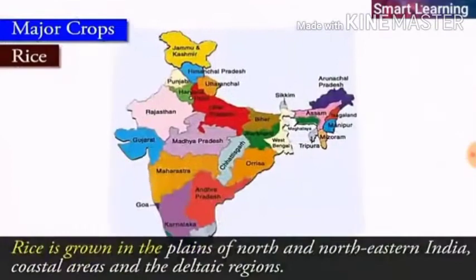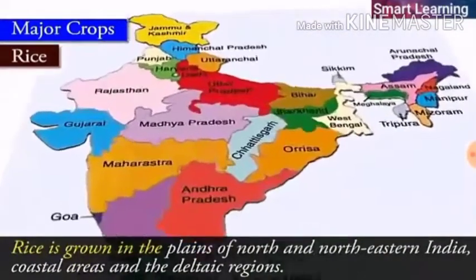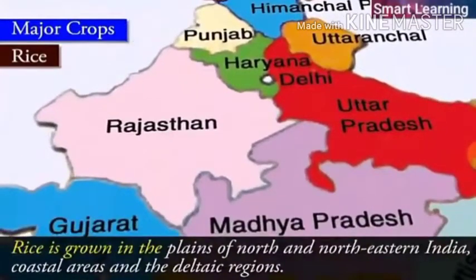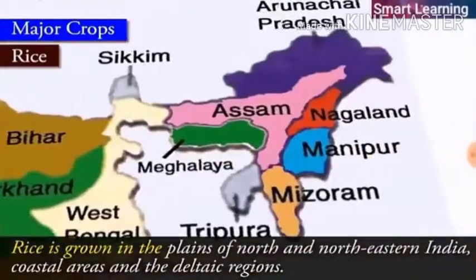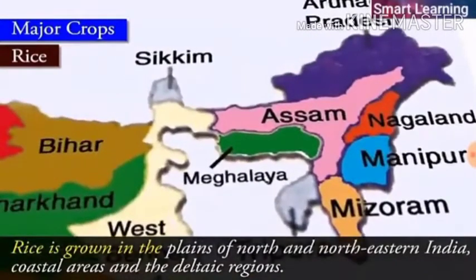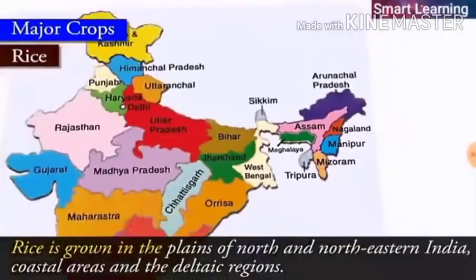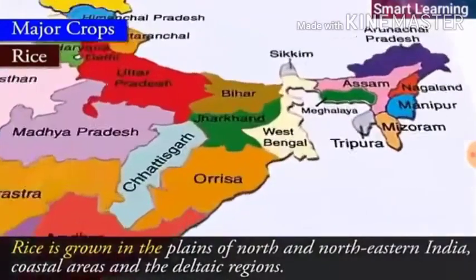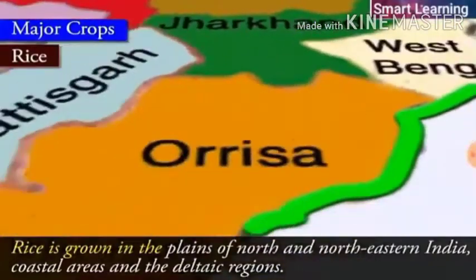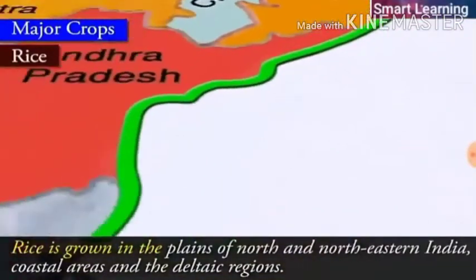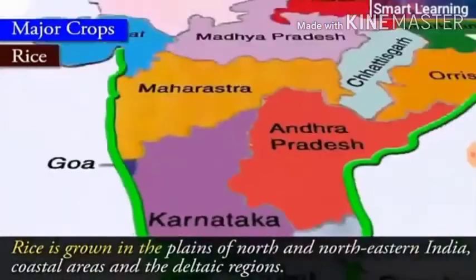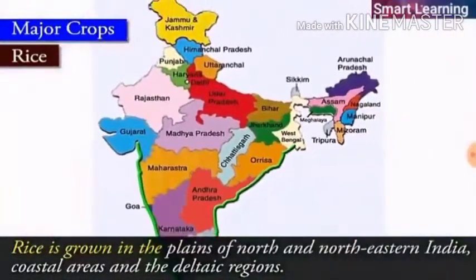Rice is grown in the plains of North and northeastern India, coastal areas and the deltaic regions.